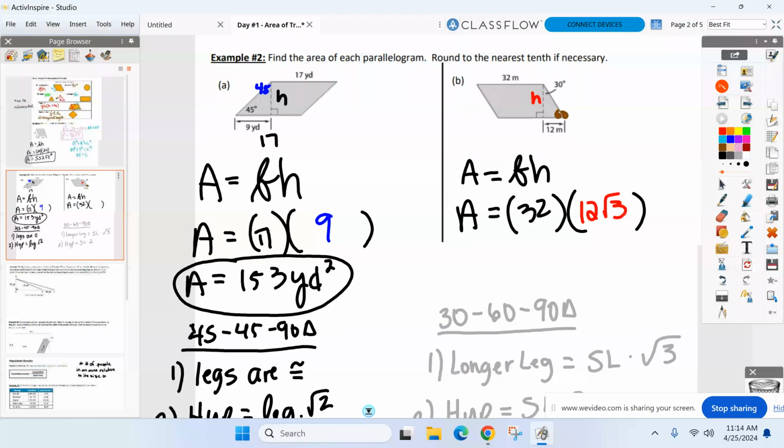Good job. And now you guys can multiply and round, because I'm asking for nearest 10. I'm not going to ask anybody. 665.1 meters squared.